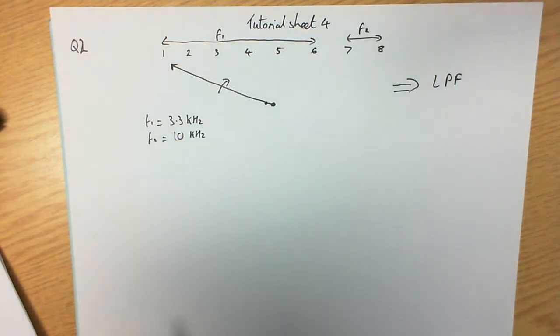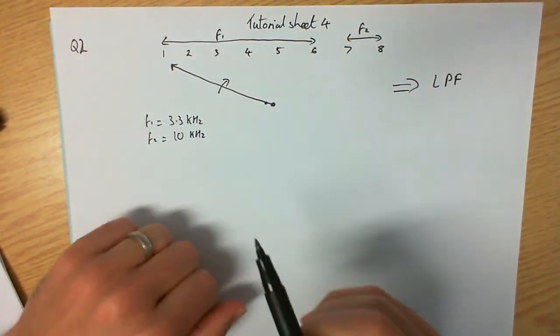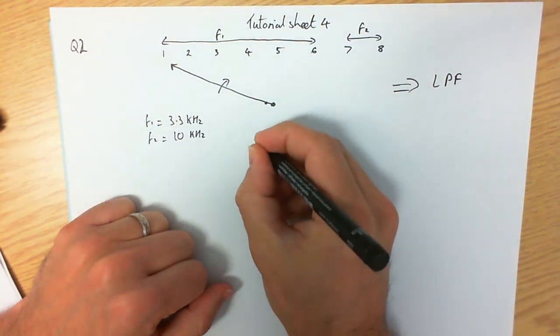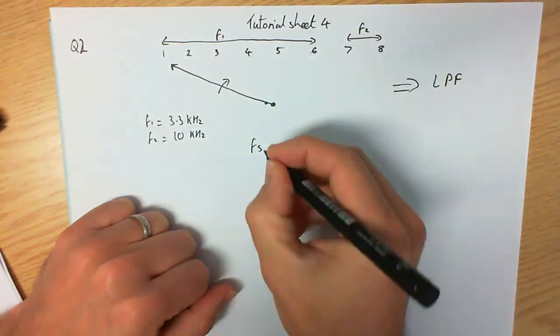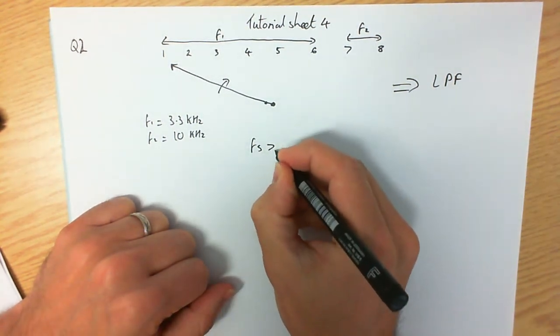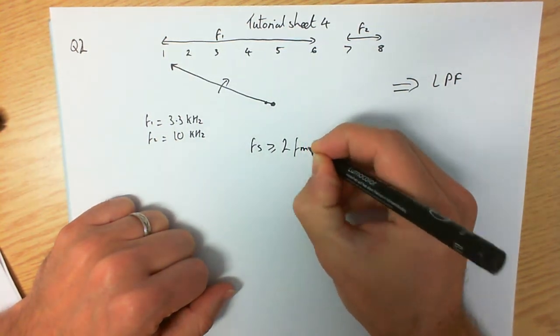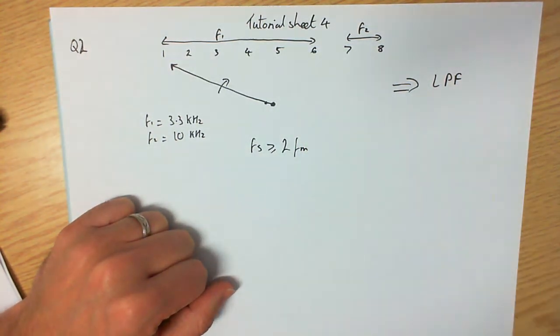Part A says, what is the maximum sampling frequency if all channels are to be sampled equally? So Nyquist's theorem says that we need a sampling frequency which is greater than or equal to twice the maximum message frequency in a particular signal.